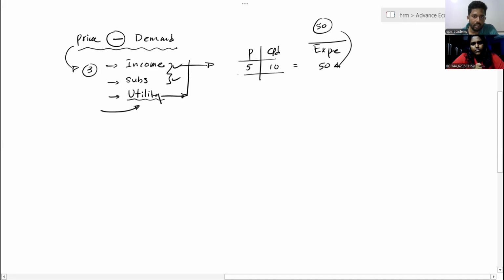But unfortunately, if the price of the commodity increases to 10 rupees, that means a price increase. What will happen to the buying ability of the person? It decreases. It reduces to 5. Again, the expenditure level is similar, equal to 50.